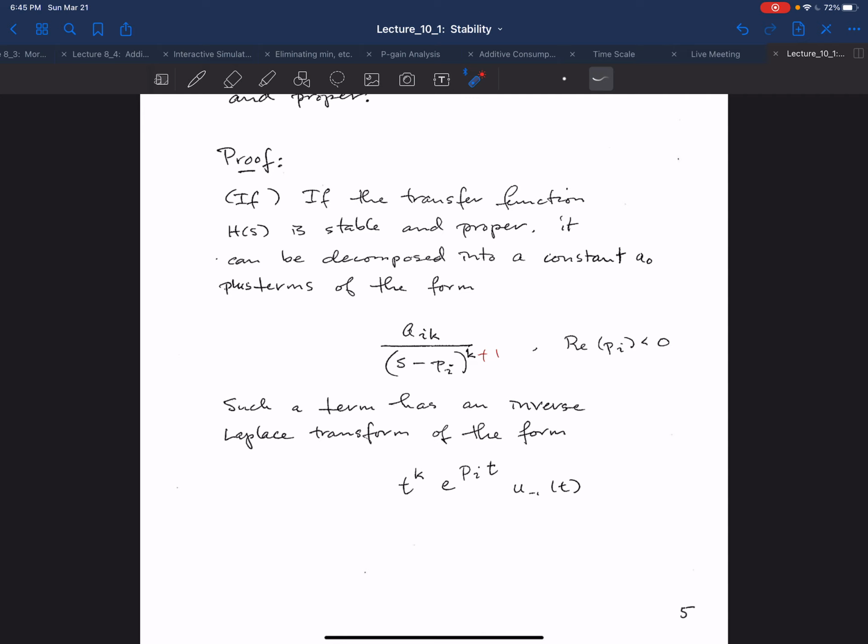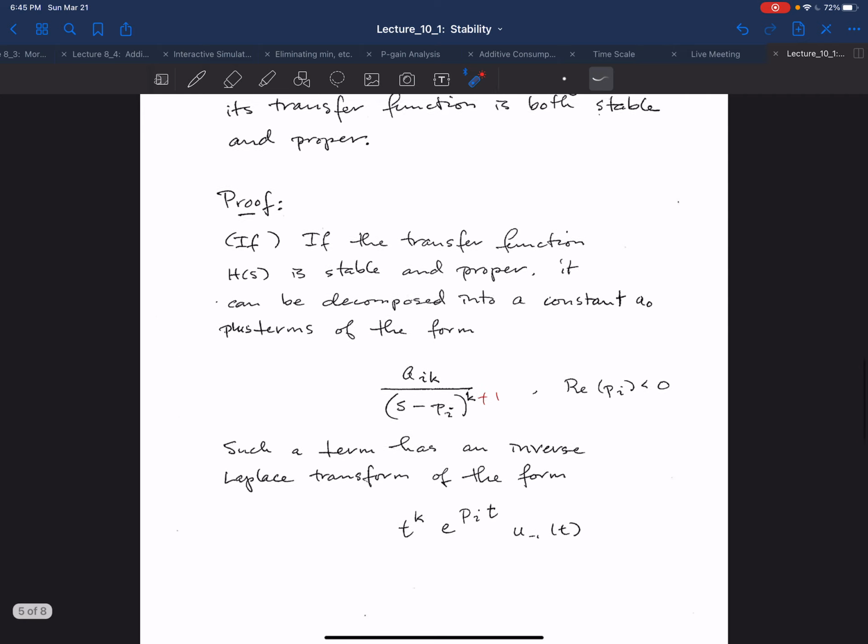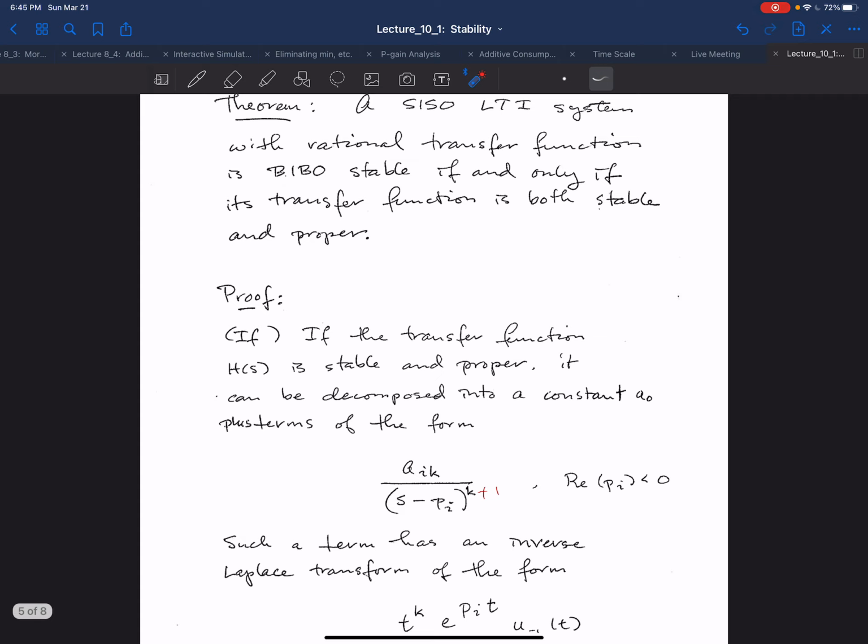Let's prove the if part. In other words, let's show that this condition that the transfer function is both stable and proper is a sufficient condition for bounded input, bounded output stability. In other words, if the transfer function is both stable and proper, the system is BIBO stable.